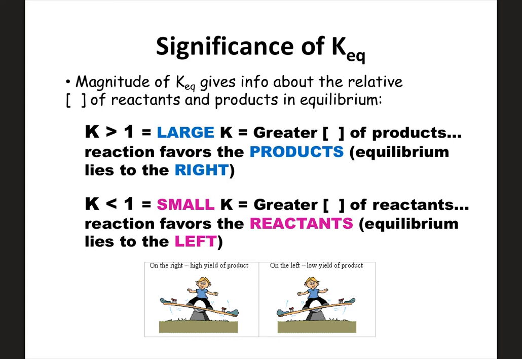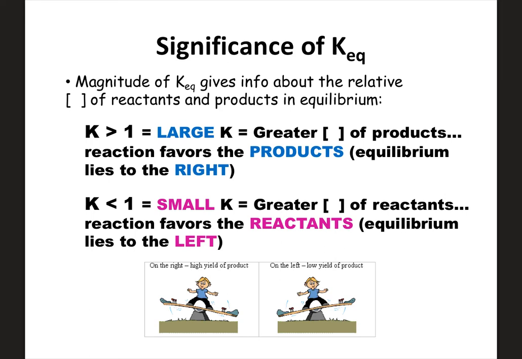In order to get a K that's greater than 1, you must have had a bigger value for your products, your top number. That's the only way you would get a K greater than 1. Therefore, there's a greater concentration of your products. Essentially, the equilibrium lies to the right side, or the product side. So the forward reaction is favored. You're forming more products.